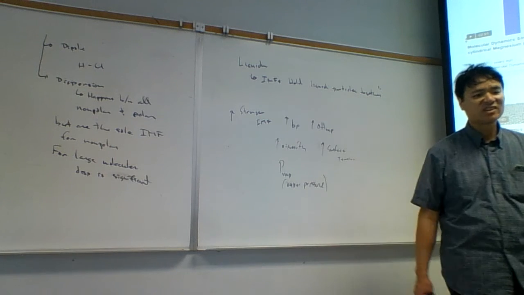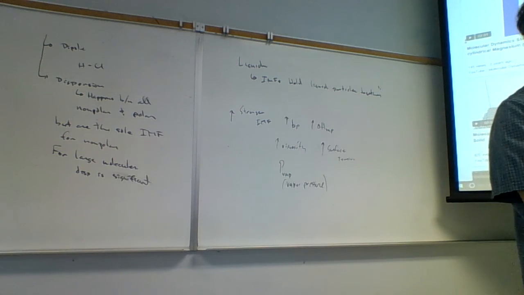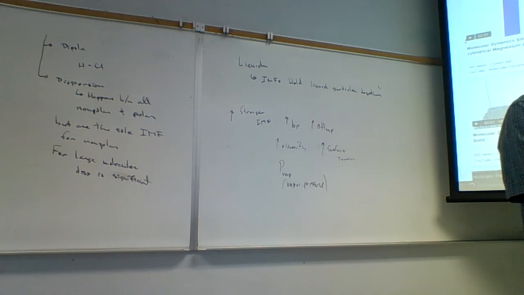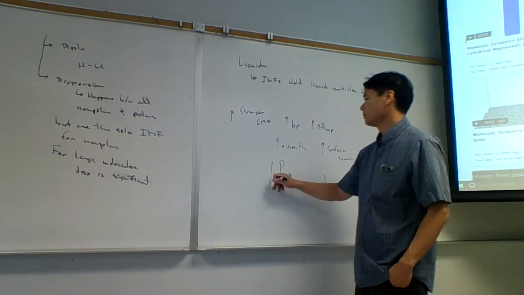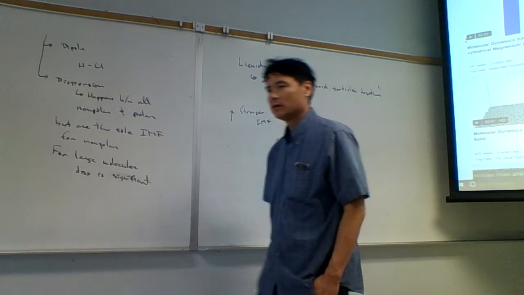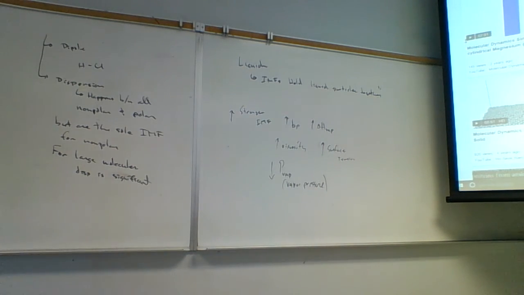The vapor pressure is its tendency to evaporate. Things with a high vapor pressure evaporate easily. Things with a low vapor pressure don't evaporate easily. So it's lower. The stronger the IMFs, the lower the vapor pressure. It doesn't evaporate very easily, so it's not going to cause much vapor.